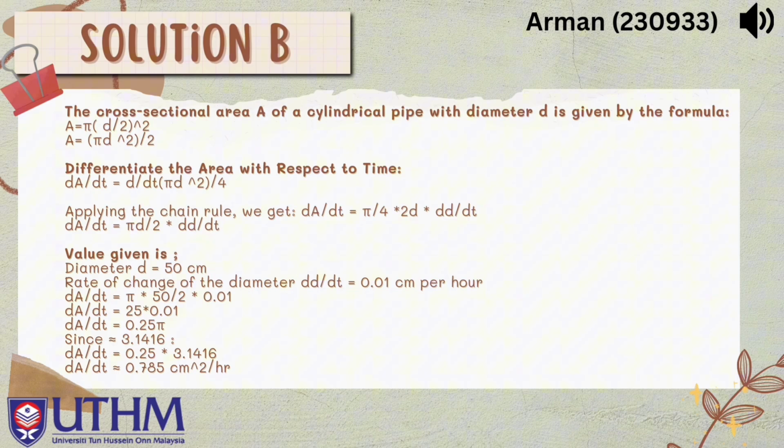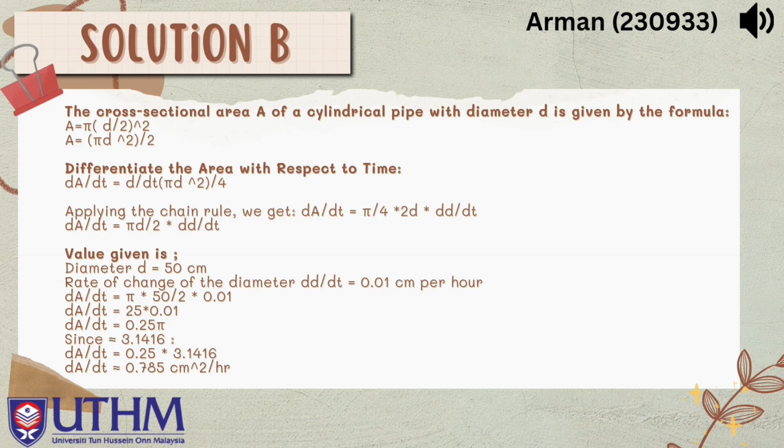So we put the values of D and dD/dt into the formula, dA/dt equal to pi multiplied by 50 over 2 multiplied by 0.01, which gives us 25 multiplied by 0.01, which again gives us 0.25 multiplied by pi.